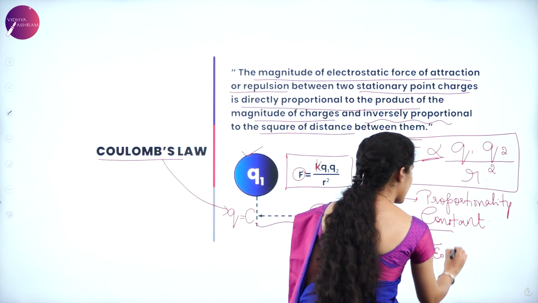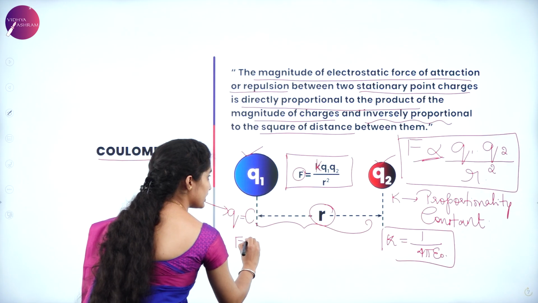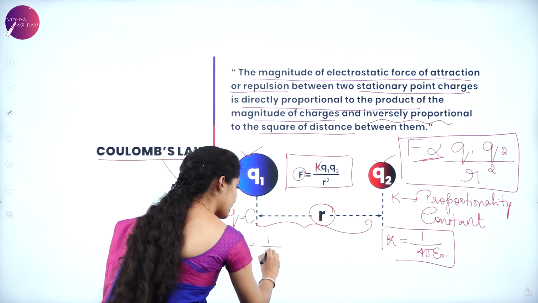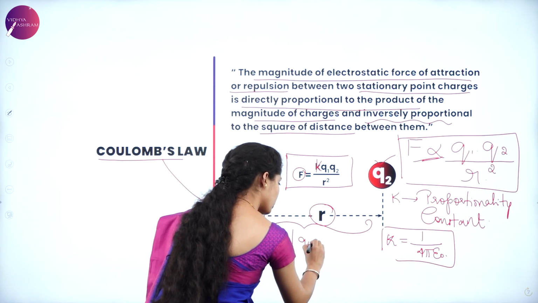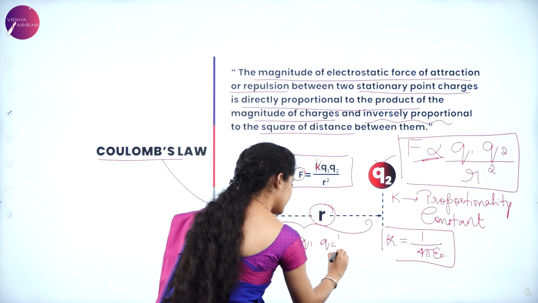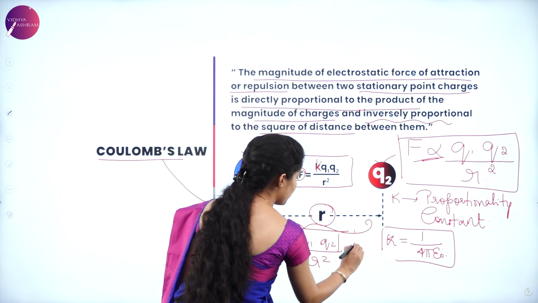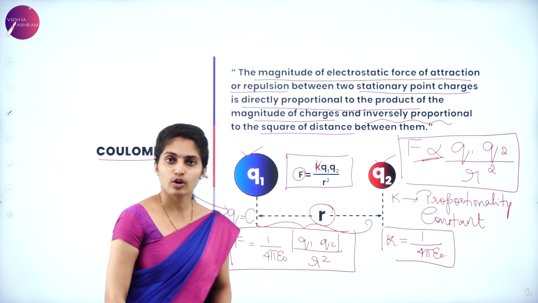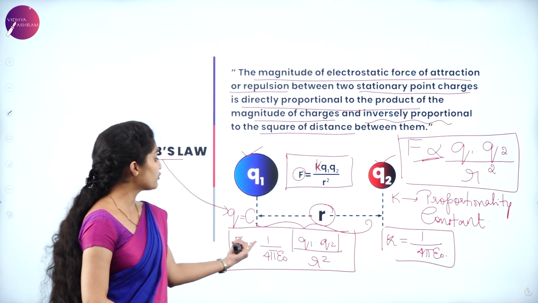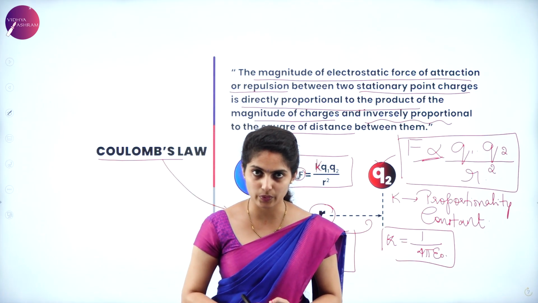When this is the case, your equation can be written as F is equal to 1 by 4 pi epsilon naught times mod Q1 Q2 divided by R square. So this will be the final formula for Coulomb's law: 1 by 4 pi epsilon naught Q1 Q2 by R square.